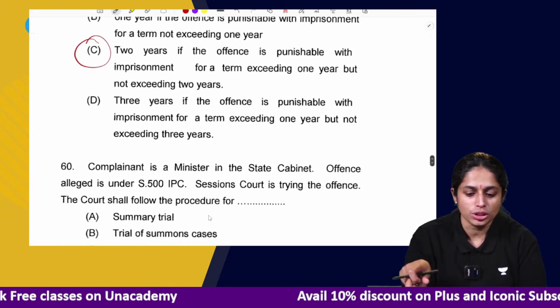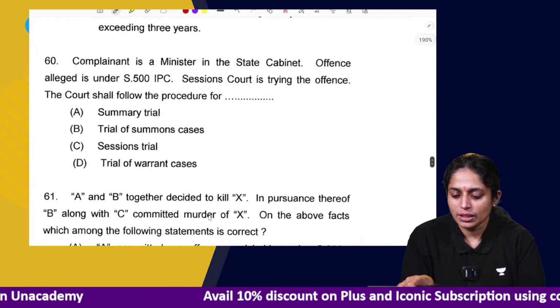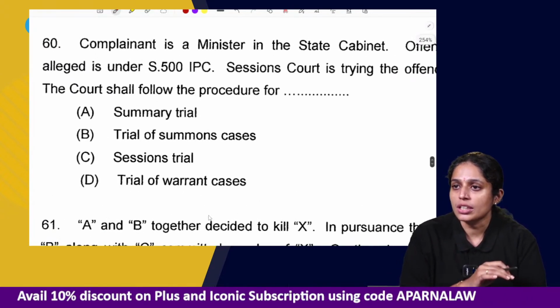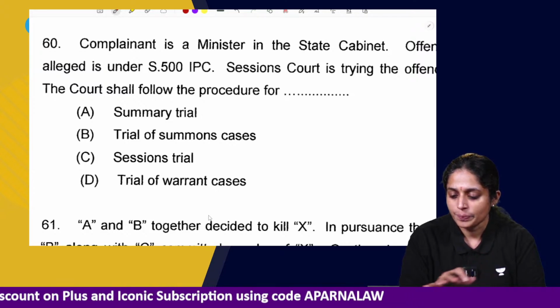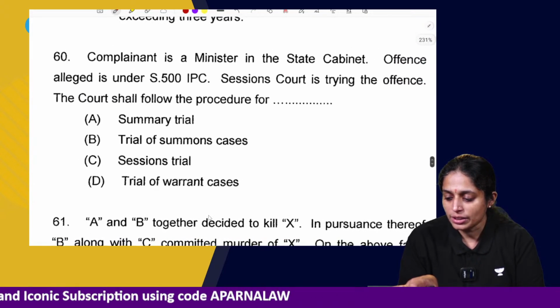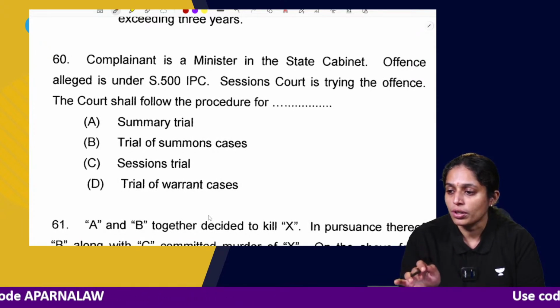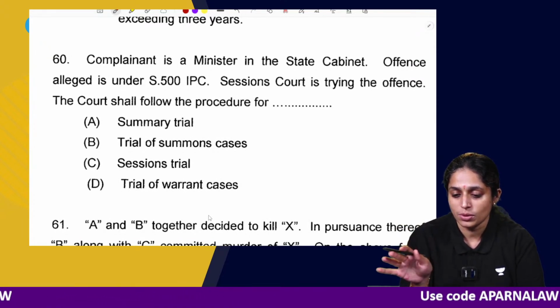Next one, 60th question. Complainant is a minister in the state cabinet. Offence alleged is under section 500 IPC. Sessions court is trying the offence. The court shall follow the procedure for. This is a special case, okay?